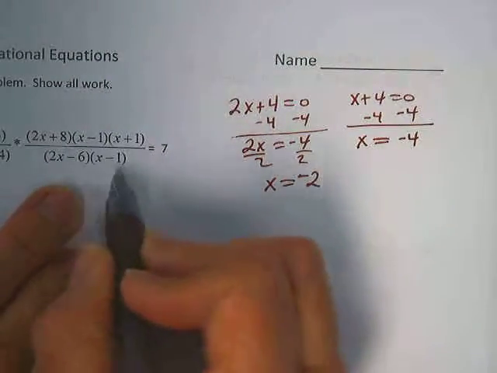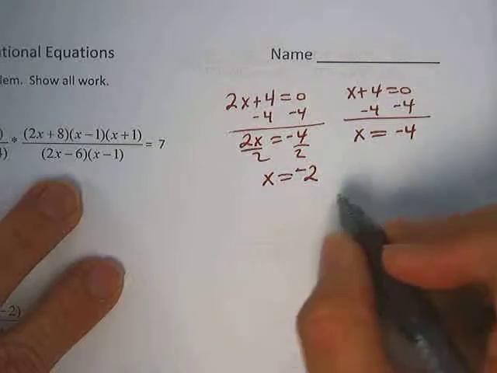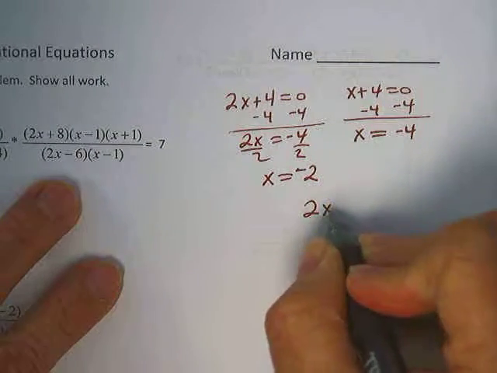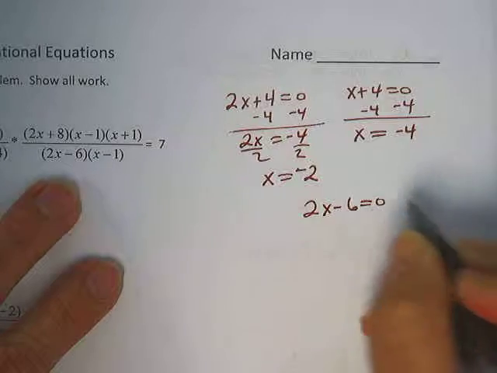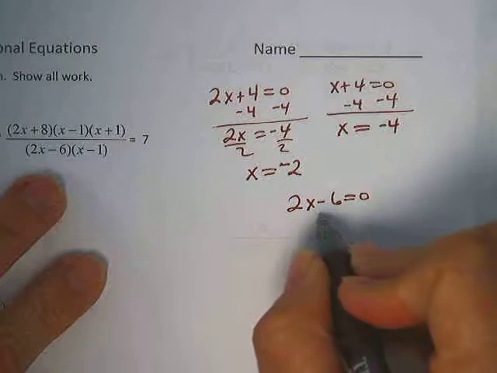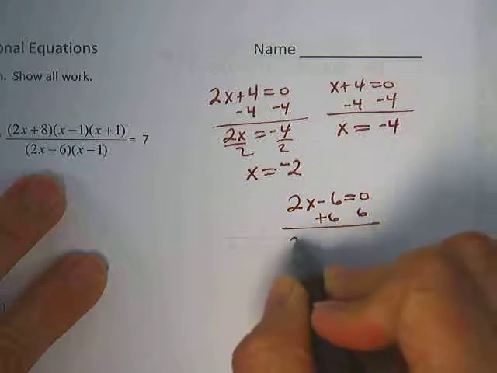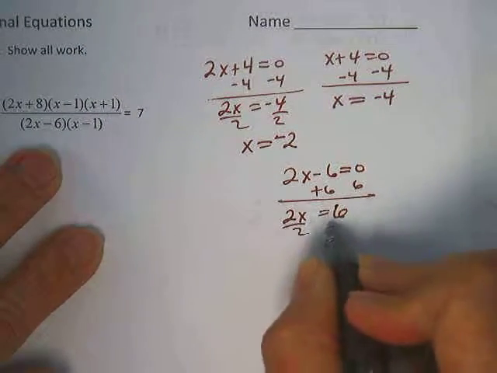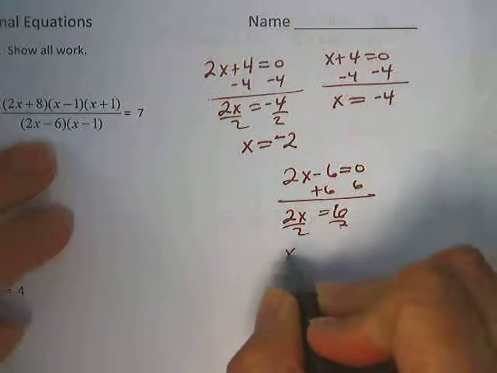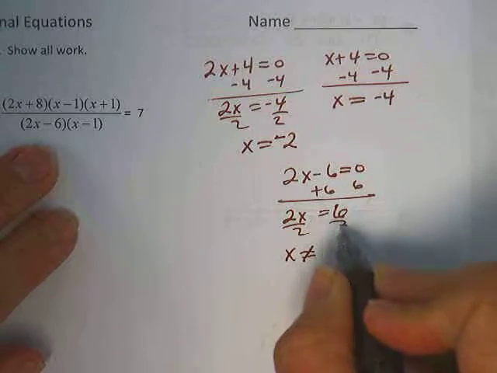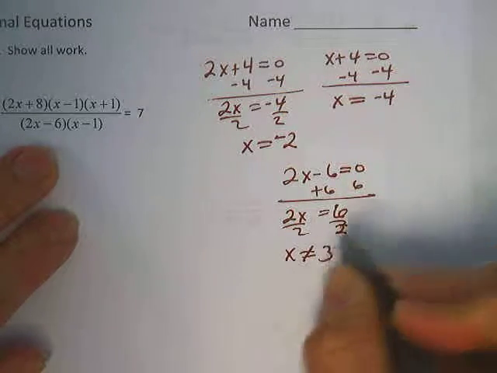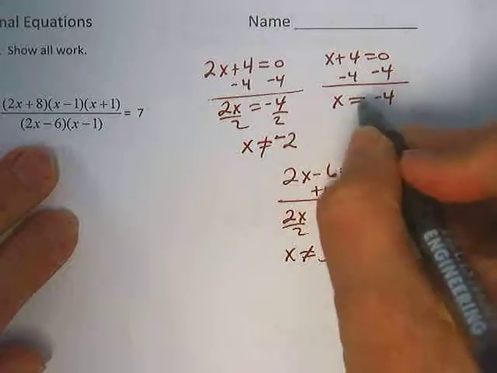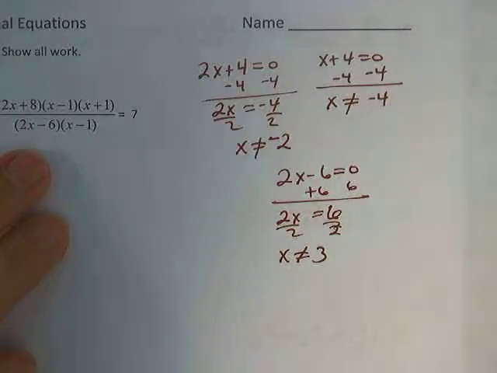We still had another denominator, so we need to look at that. 2x minus 6, set that denominator equal to 0. Add 6. 2x equals 6. Divide by 2. X cannot equal 6 divided by 2 is 3. And really these are all cannot equal when they're restricted values.